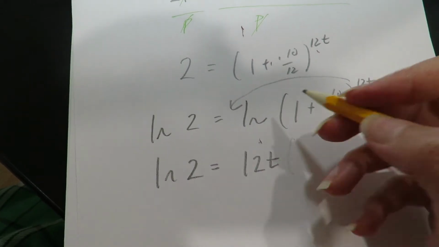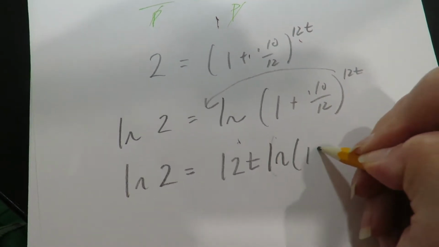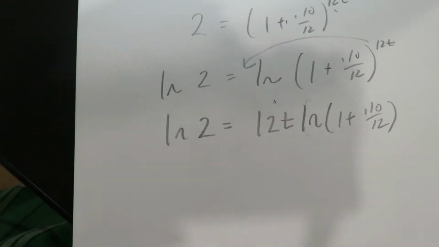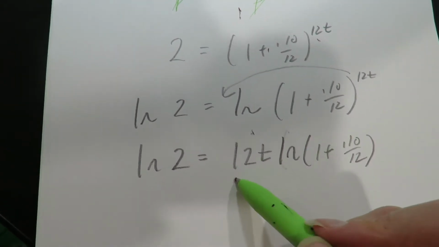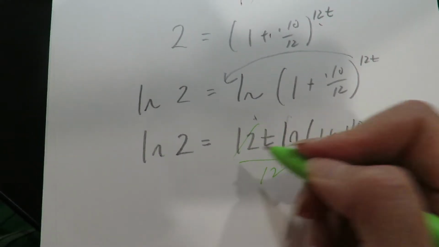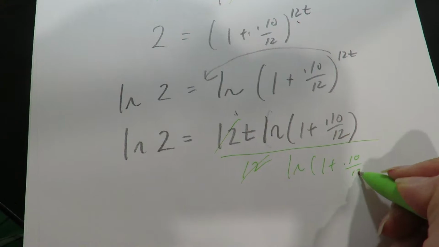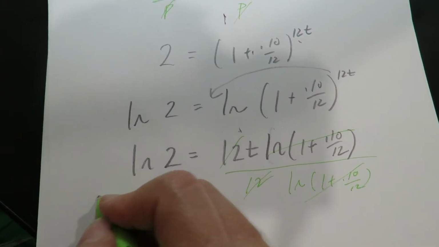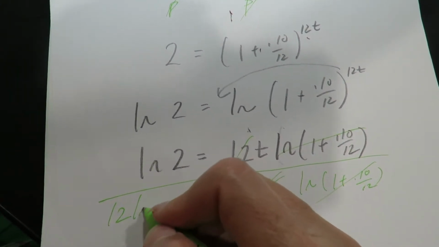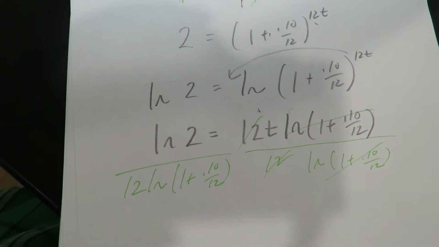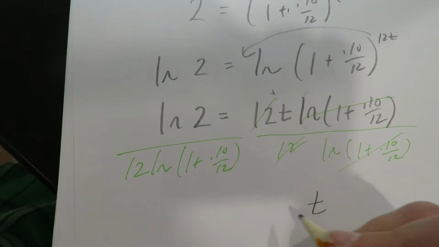Let's get that guy in there. Alright, now you got to get t by itself, so you want to divide off all this stuff that's in the way. Like you want to get rid of the 12, and you want to get rid of this ln stuff here, so that t is by itself. Right, and you got to do the same thing to both sides.